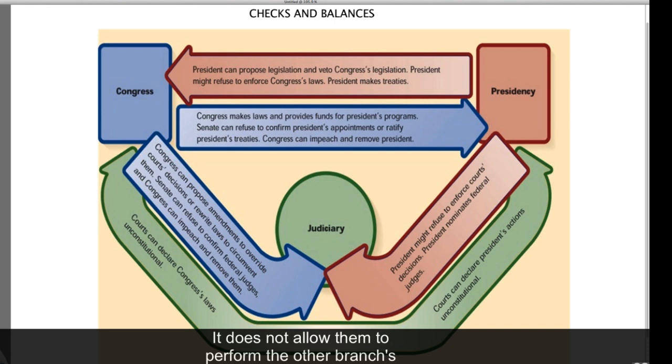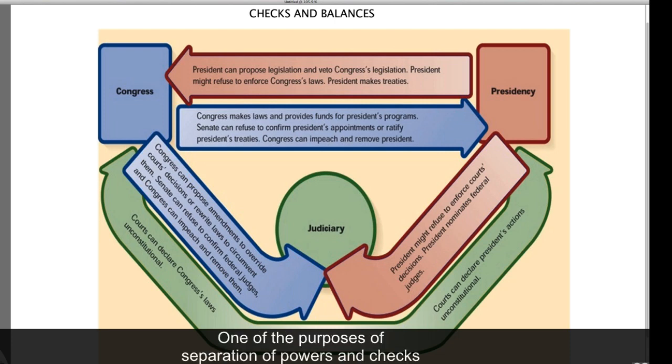It does not allow them to perform the other branch's function, but it does allow them some oversight, some involvement, allows them to check up on essentially another branch, in order to ensure that that branch is not violating the law, acting unconstitutionally, concentrating power, what have you.